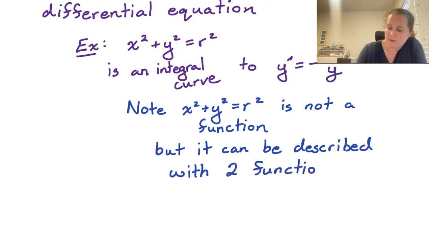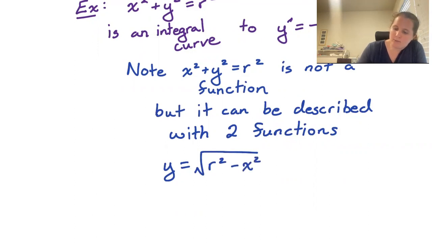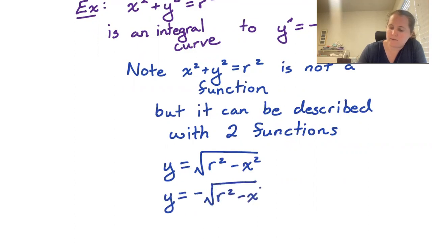The top half of the circle would be y equals the square root of r squared minus x squared. And the bottom half would be y equals negative the square root of r squared minus x squared. And it turns out that both of these pieces are solutions to y prime equals negative x over y.